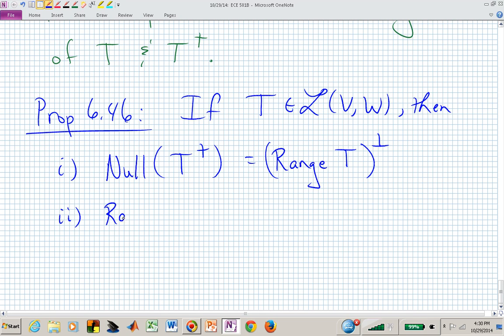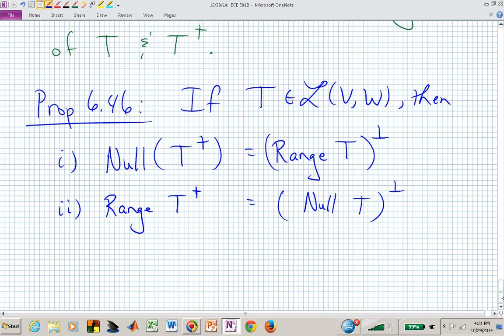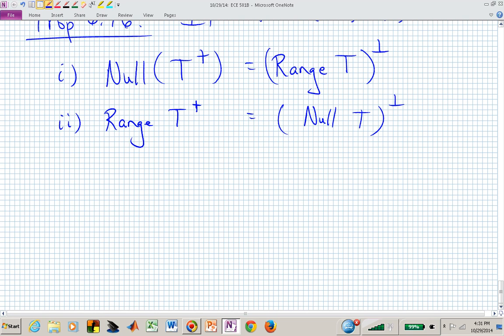And we can establish other relationships. We can say that the range of T dagger, where can we get to through this linear map T dagger? Well, we'll get to the same place as the orthogonal complement of the null space of T. So if we have the null space of the linear map, then we find its orthogonal complement, and that will tell us where we can get to from applying T dagger.